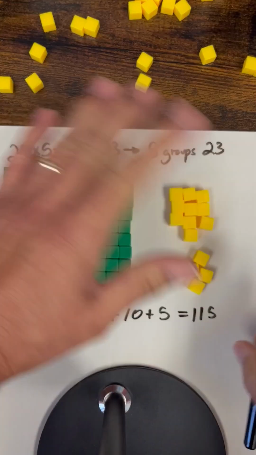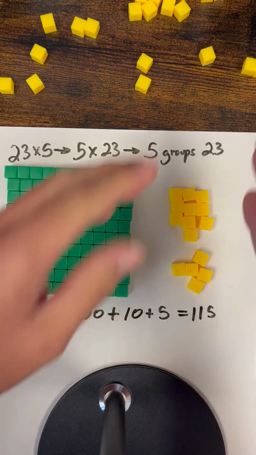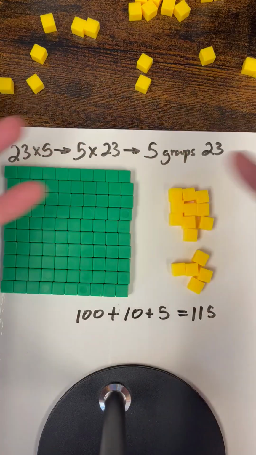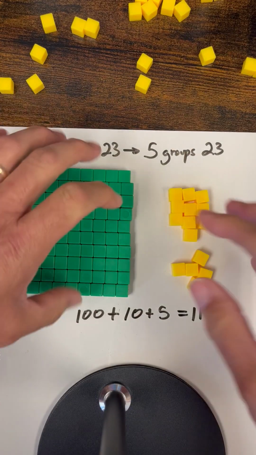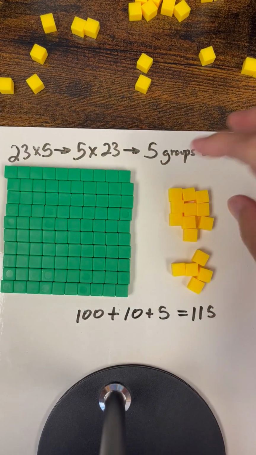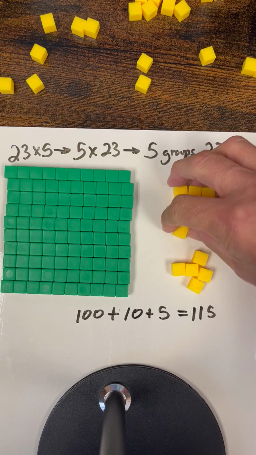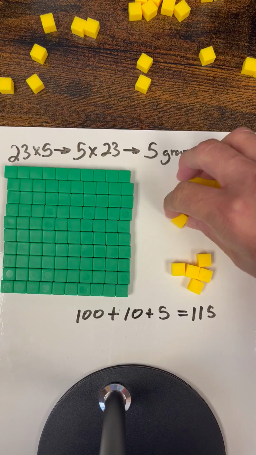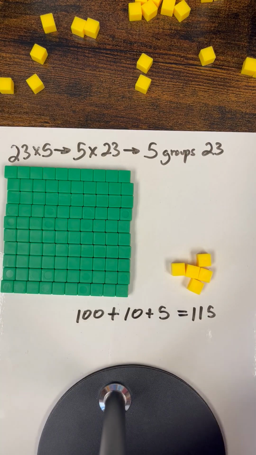Now this is what we're going to have the students do. On regrouping, we usually go left to right. With base 10 blocks, it doesn't matter. I can regroup wherever I want. So traditionally speaking, we teach you to go over here. You're going to grab these 10 ones and replace them with a 10.